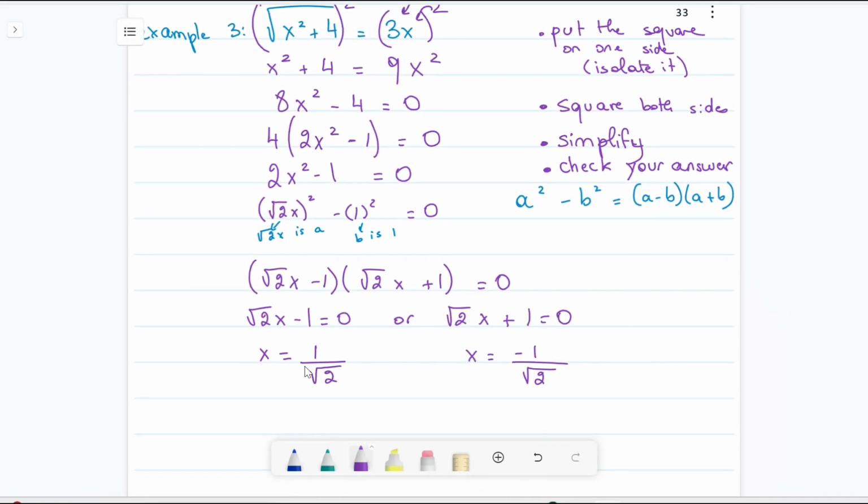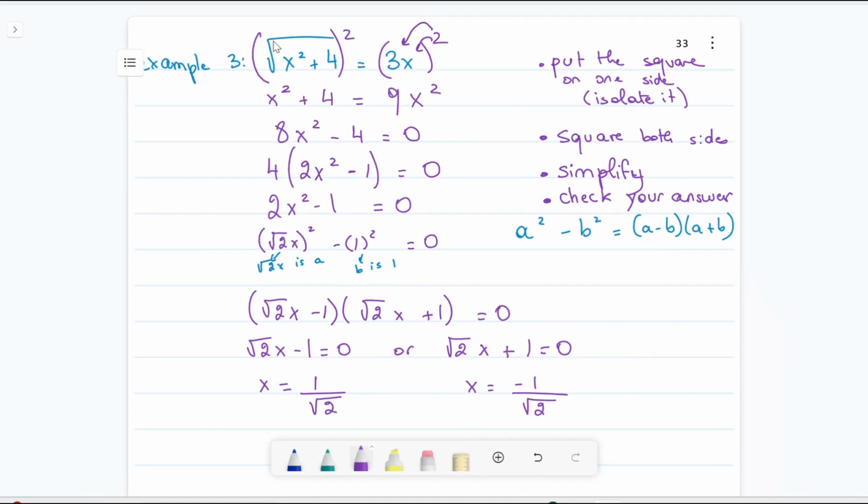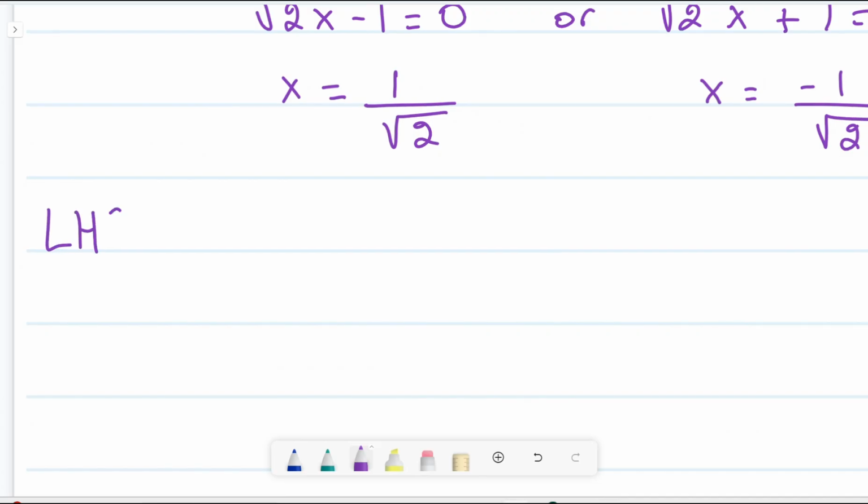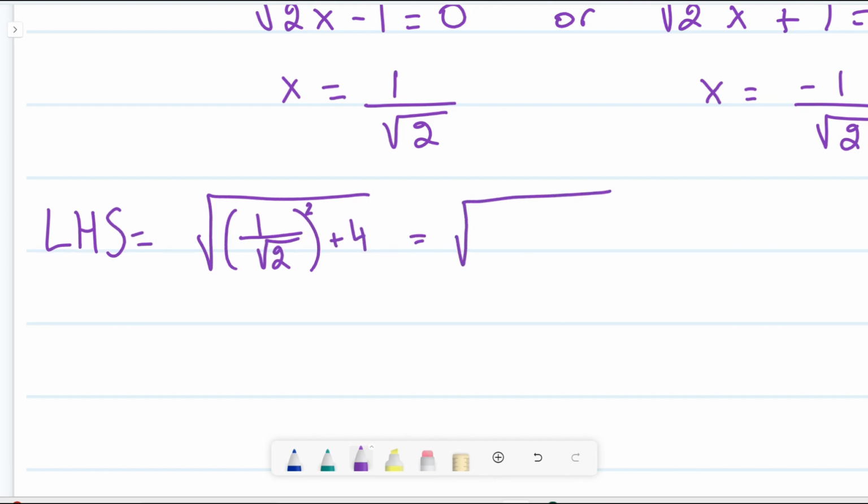So let's start with 1 divided by square root of 2. We will start by plugging it in the left-hand side. So left-hand side equals, we have square root of x squared plus 4. Instead of x squared, we put 1 divided by square root of 2 all squared plus 4. This becomes 1 squared over square root of 2 all squared plus 4, which is 1 over 2 plus 4.